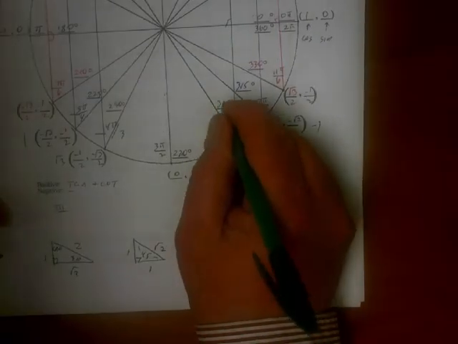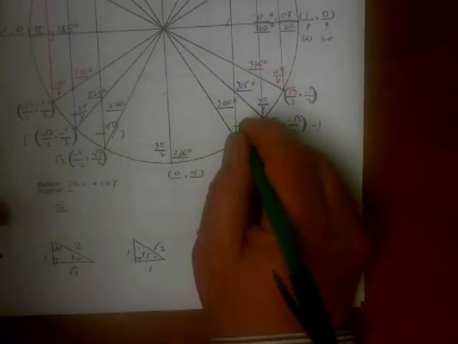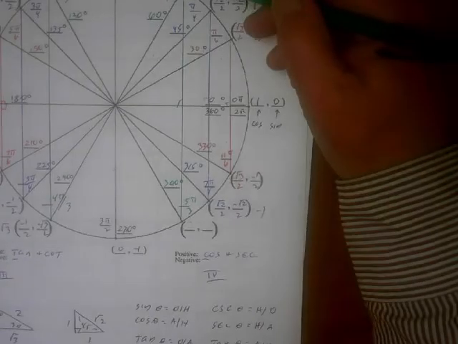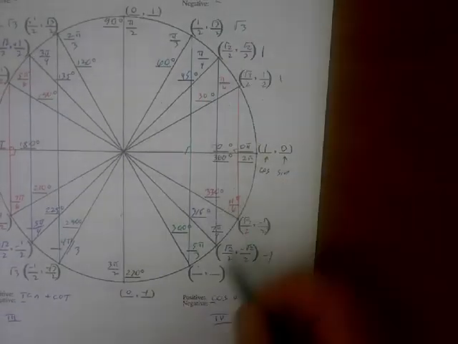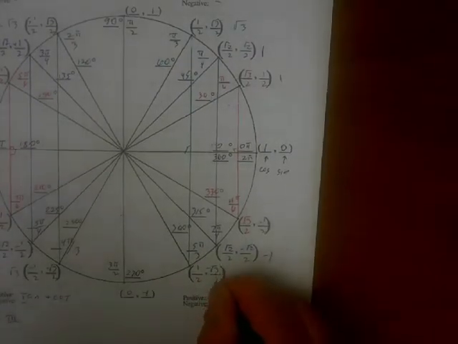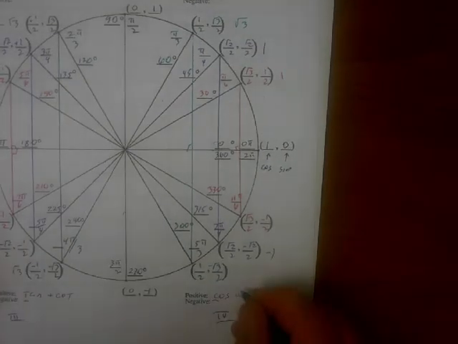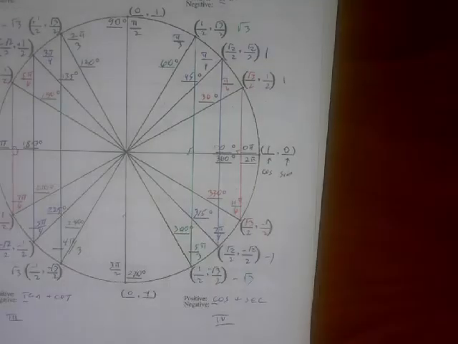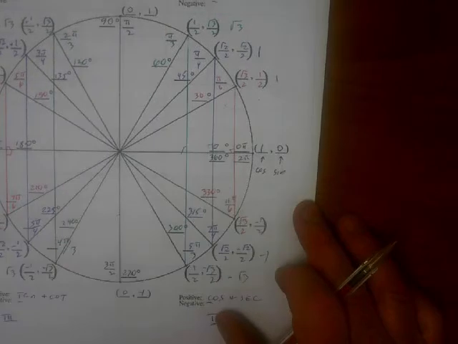I'm going to finish this up. 300 or 5 pi over 3. I'm reflecting this point over the x-axis. Cosine stays the same. Sine is the opposite. Cosine in this case is negative root 3.